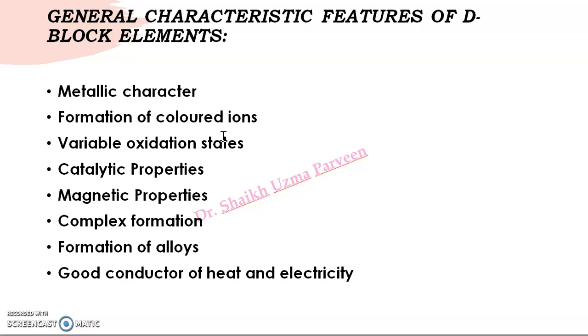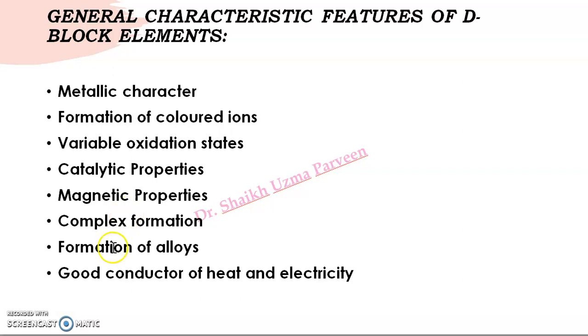And it is noted that zinc, cadmium and mercury do not form any colored compounds because of the absence of vacant d orbitals to which electrons can be excited. Because of the absence of unpaired electrons also, they are colorless.